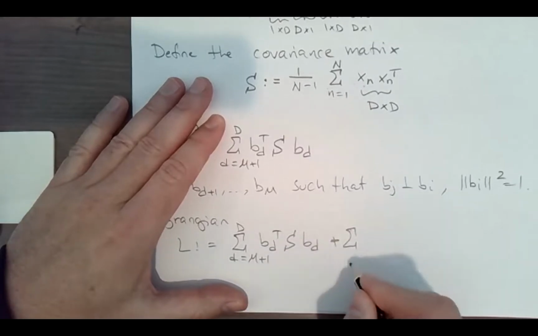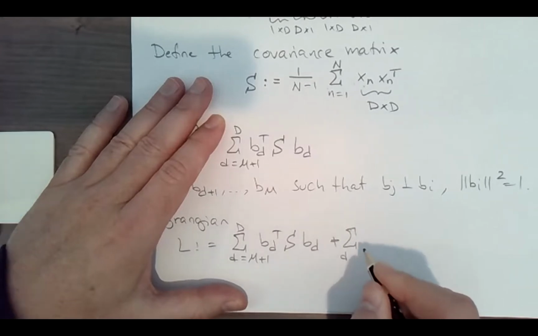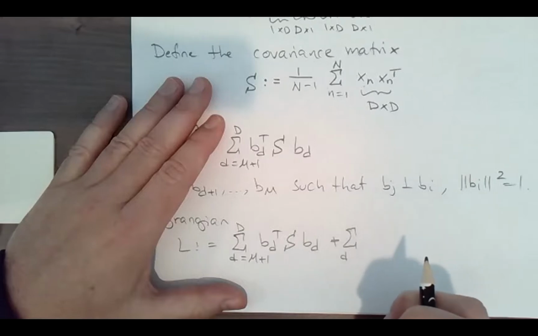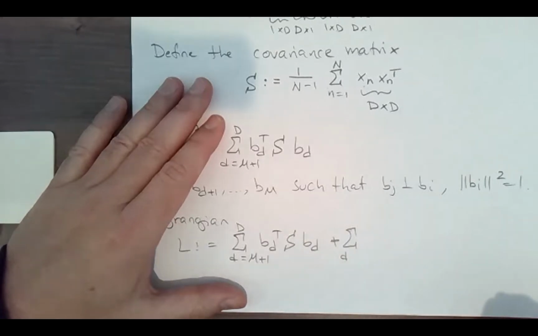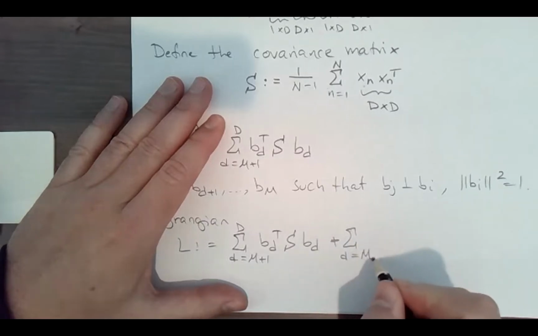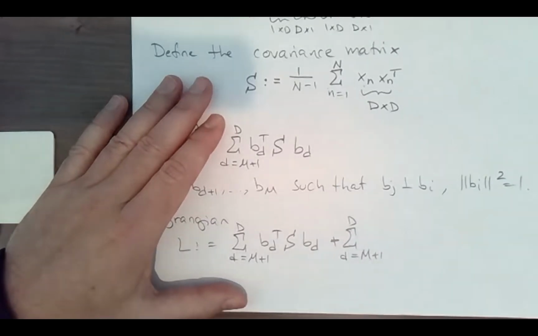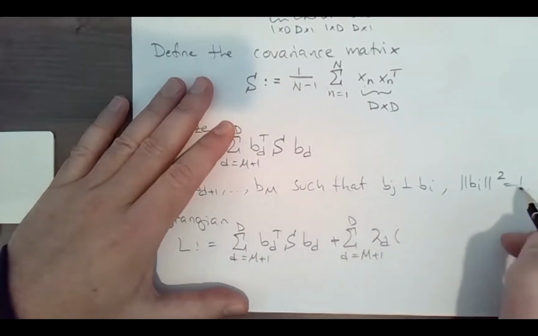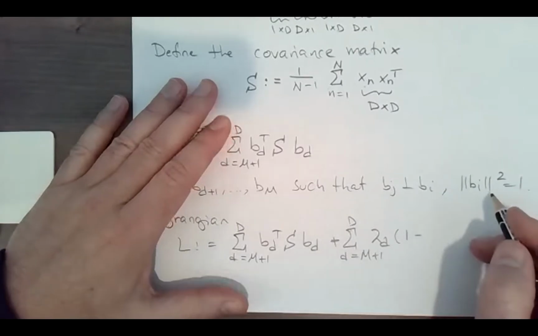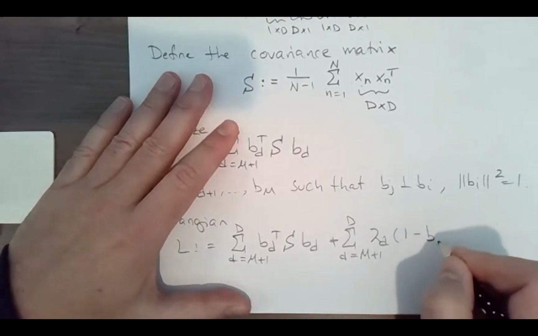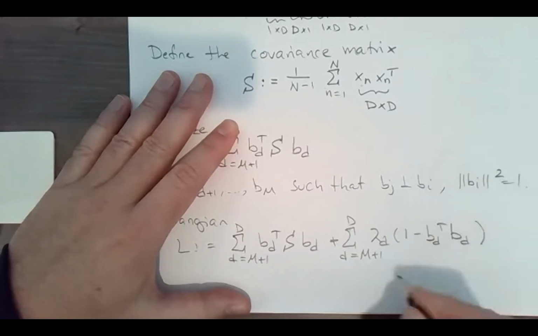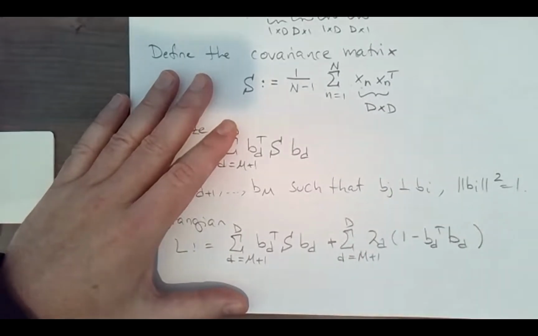So this will be the Lagrange multiplier, lambda D, and there'll be 1 minus the norm, and we can write the norm as BD transpose BD.